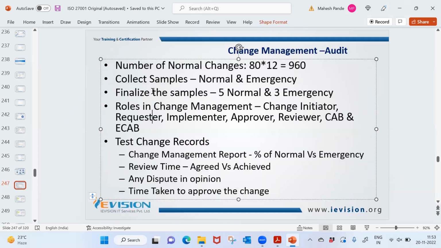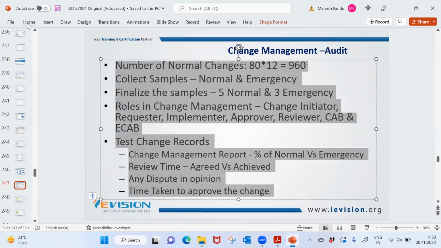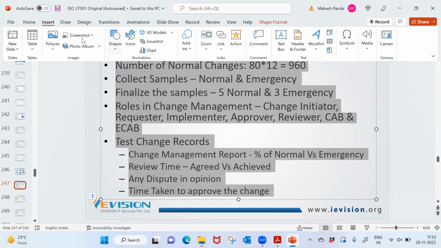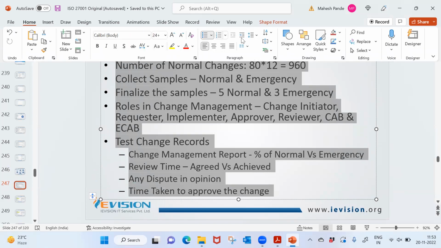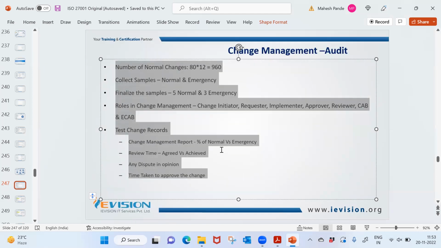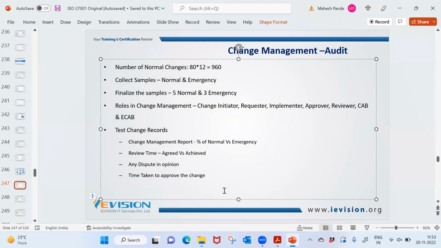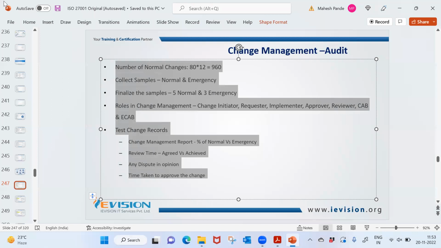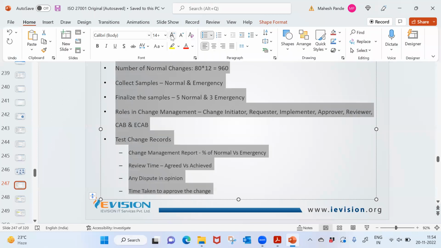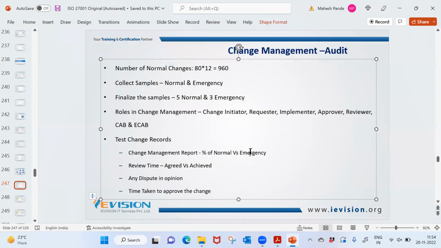So I hope everyone is now clear what, as an auditor, you can verify. Now, when we know that we have to verify these things, it will become easy for you, because in general, the time that you will have is very, very limited. And you cannot be spending time in preparation on site.